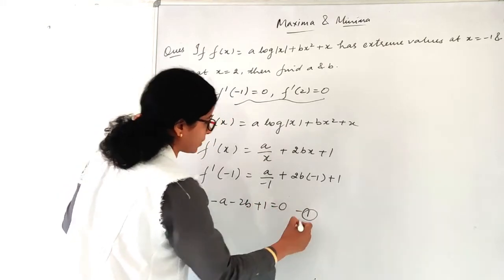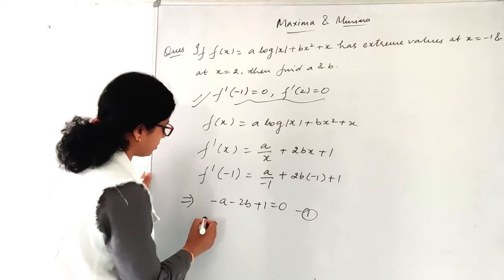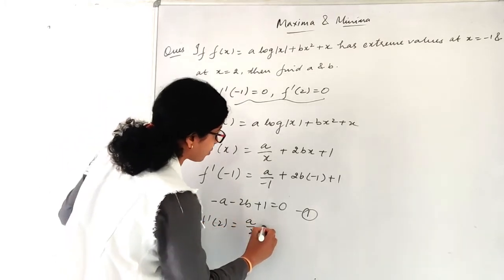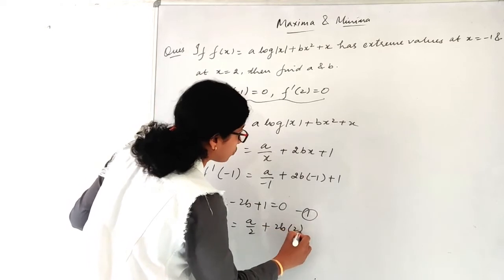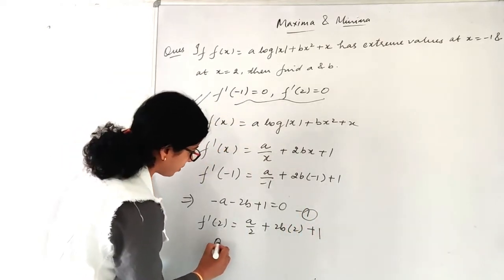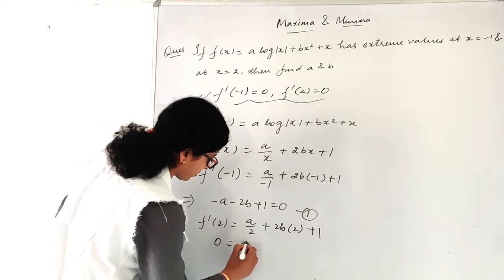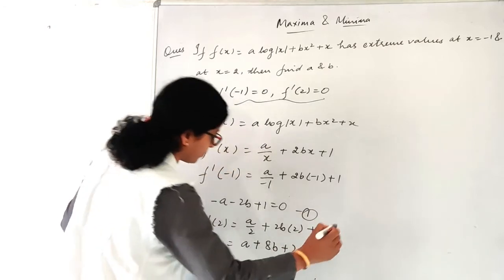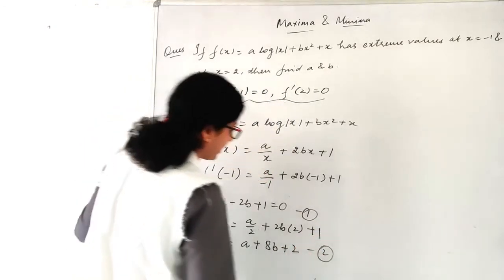This is my first equation. Similarly, we'll get the second equation. So f dash 2 is equal to a by 2 plus 2b into 2 plus 1. And this is also equal to 0. So a plus 8b plus 2. This is my second equation, right?